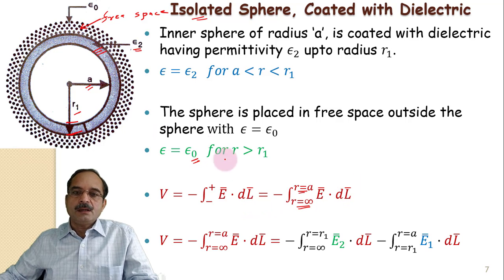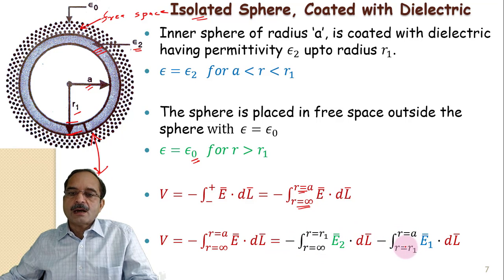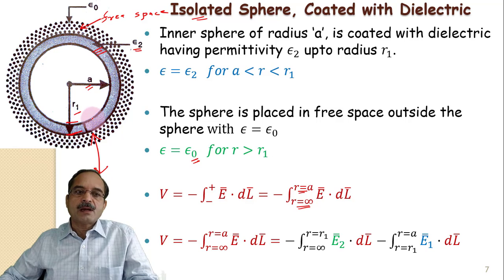Now this R equal to A to infinity, we will split this into two parts. Infinity to R1, that is this region, infinity to R1, and R1 to A, that is this region.